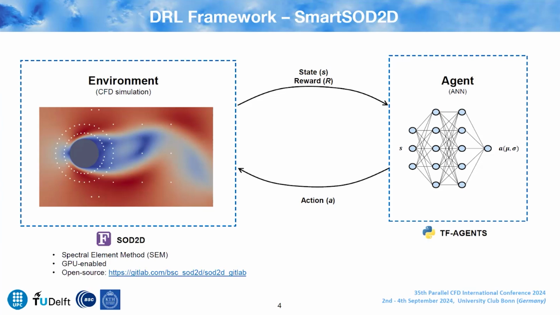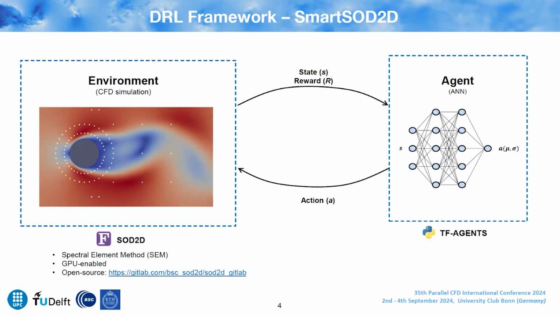This is very important because at the end, one of the bottlenecks of this framework of deep reinforcement learning with fluid dynamics is the collection of experiences to train the model. Once you have these experiences, updating the weights and biases of the neural network is quite fast because at the end, the neural network is quite small.